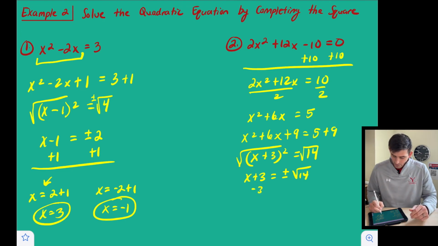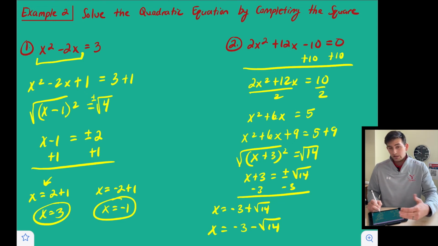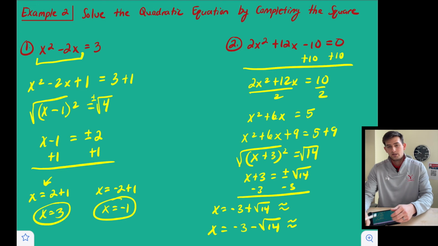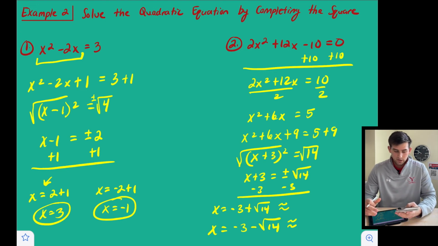So now we're going to subtract 3. All right, and now this gives us our two separate equations. So we're going to say x equals negative 3 plus the square root of 14, and x equals negative 3 minus the square root of 14. So you could leave those as your answers, or you could now approximate. So I'm just going to take my calculator and we're going to plug those in.